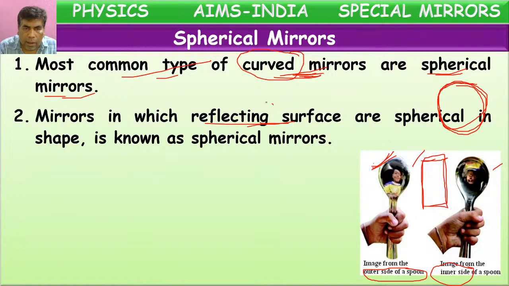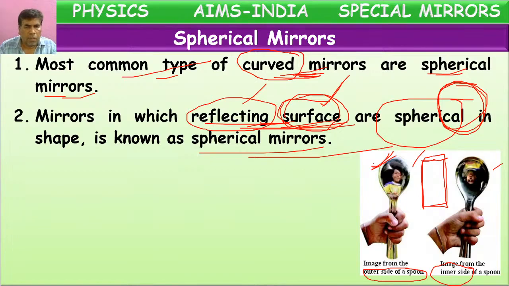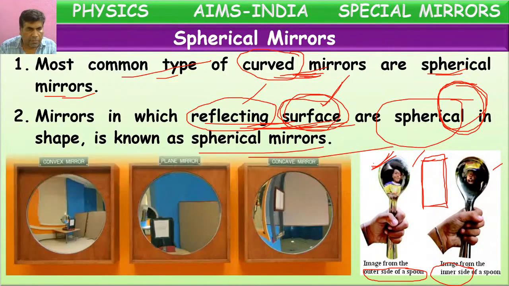For reflection of light, it needs surfaces called reflecting surfaces. Light gets reflected by these reflecting surfaces. These reflecting surfaces are spherical, so we call them spherical mirrors.